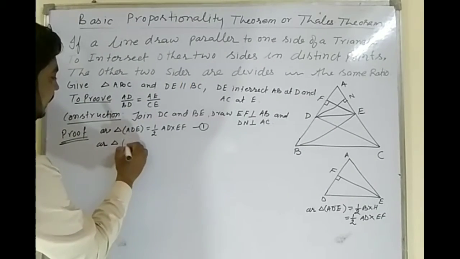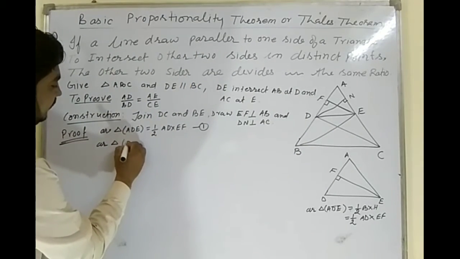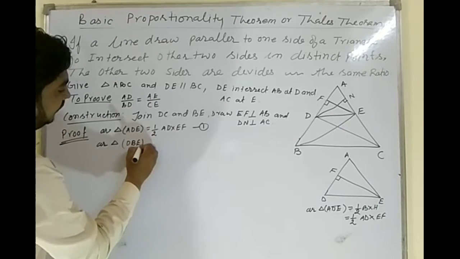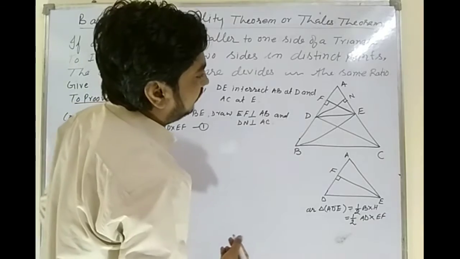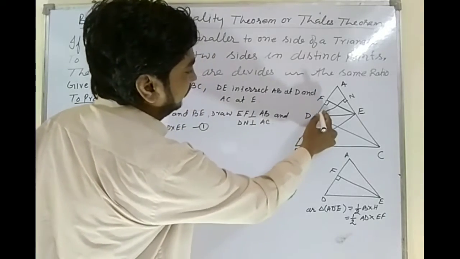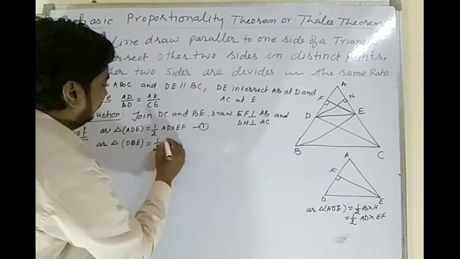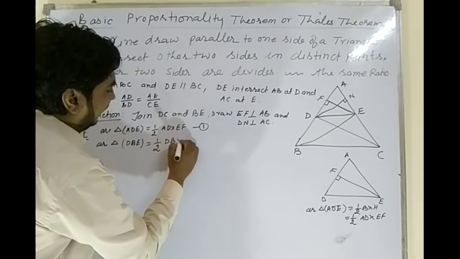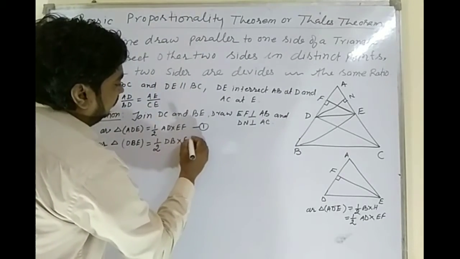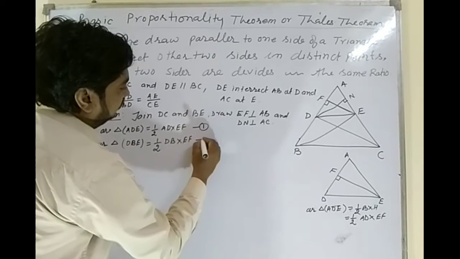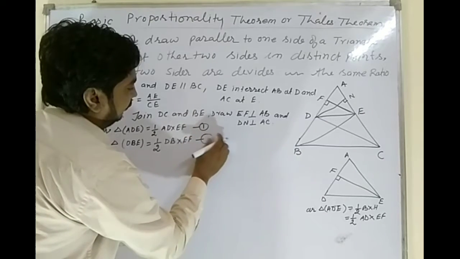So area of triangle DBE equals 1 by 2, the base is DB and the height is EF. Second equation.